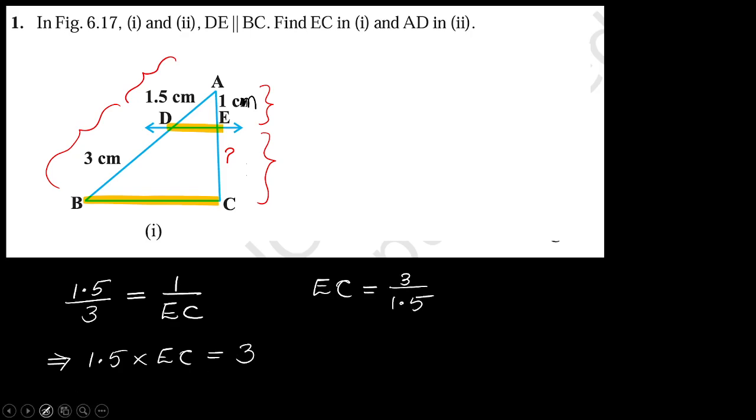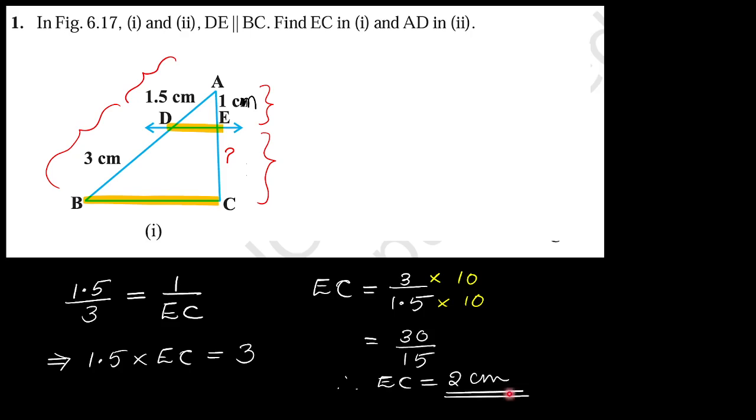I am discussing all the steps. Let me avoid the point, otherwise the division will be hard. That's why I am removing the point. Multiply numerator and denominator by 10. EC equal to 2 centimeter.